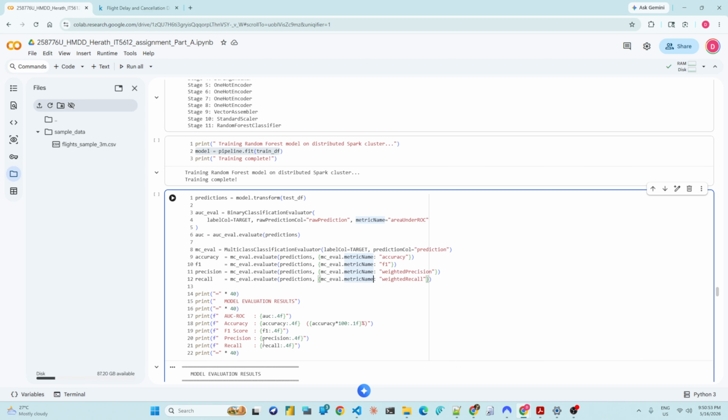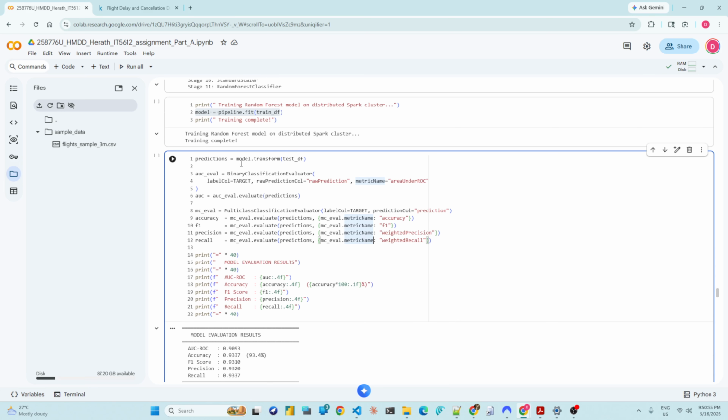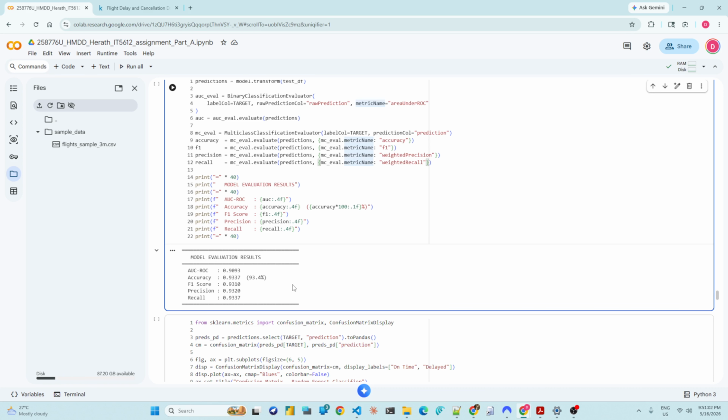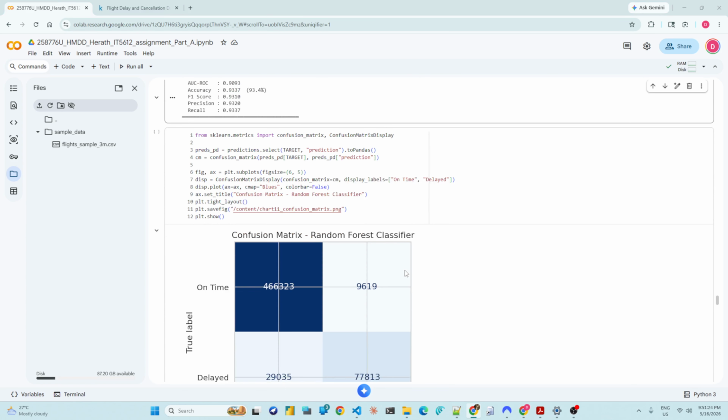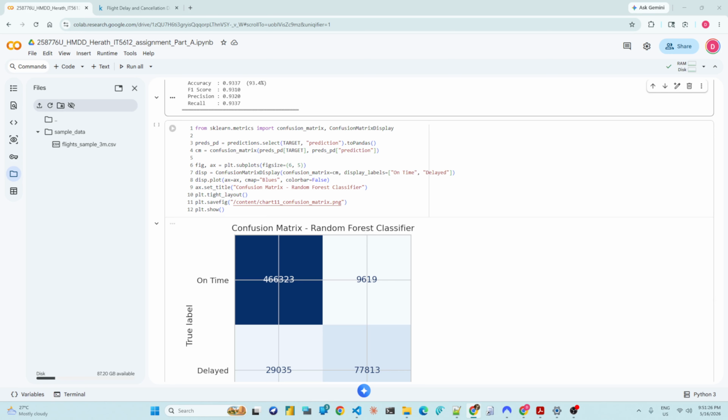And then it comes to the evaluation part. So this is the result. The ROC curve having 0.9, accuracy also having 0.93. So this one is a good sign. Then this is the confusion matrix.